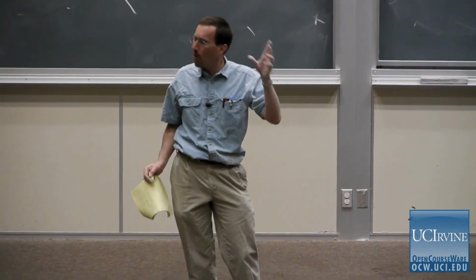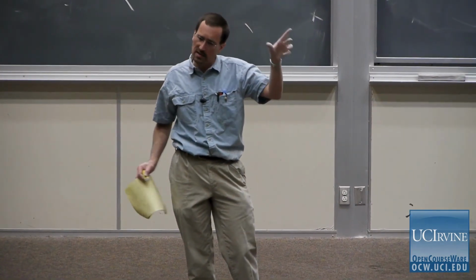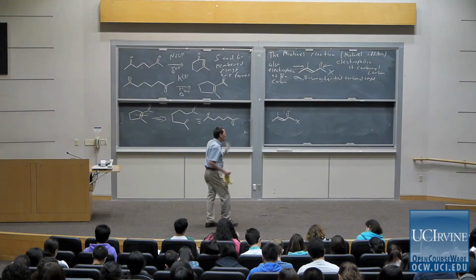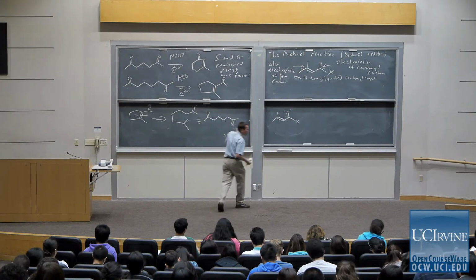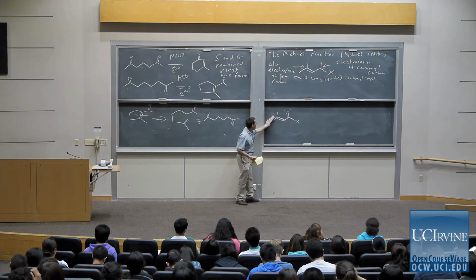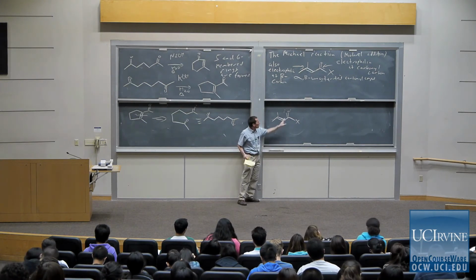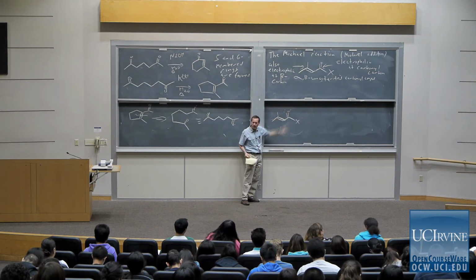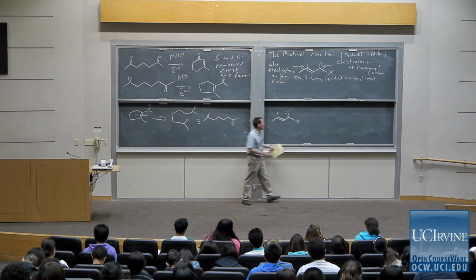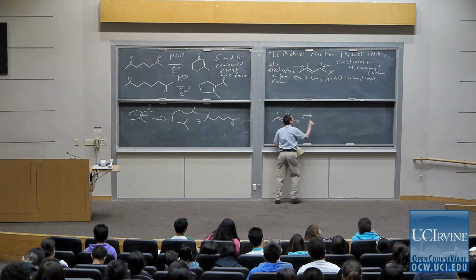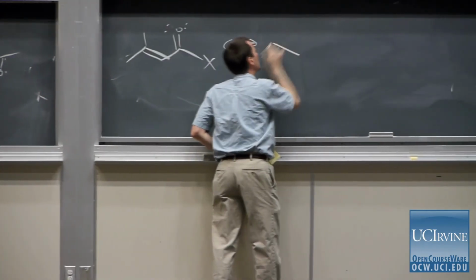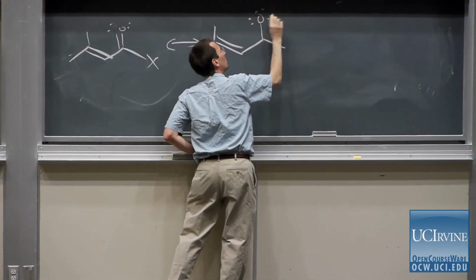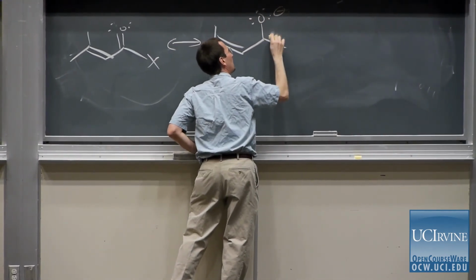So even though they have a covalent bond between the oxygen and the carbon, you don't share electrons quite equally. The electrons spend a little more time near oxygen and a little less time near carbon. And so we can write a second, minor resonance structure that reflects that reactivity.